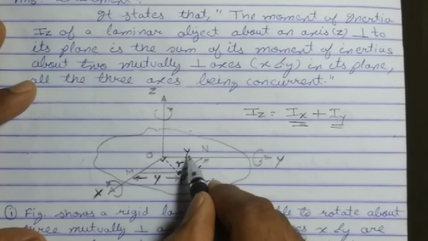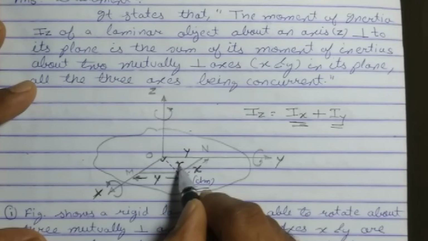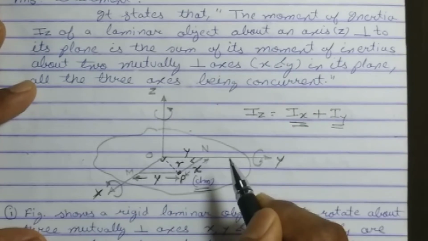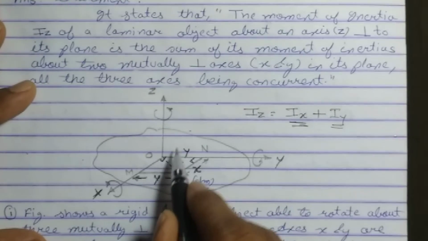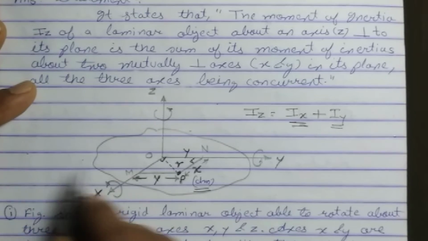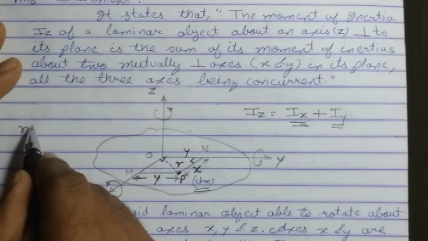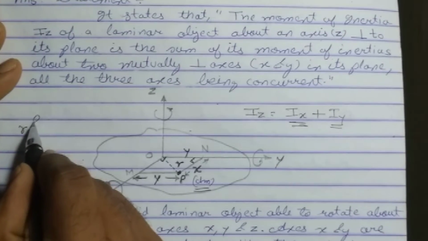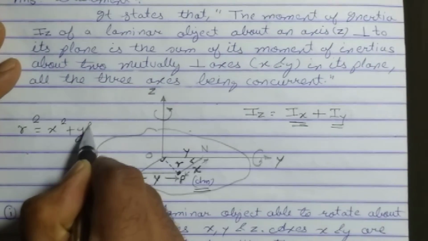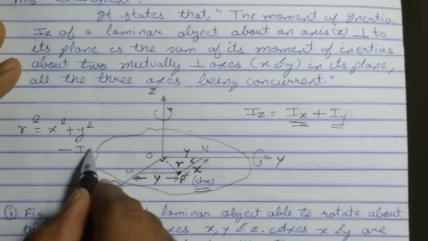Students, this is y, this is also y. Then we can observe here this particular angle is 90 degrees. We observe that in triangle OMP, OP is the hypotenuse. So according to the Pythagoras theorem, r square equals what, students? x square plus y square. Keep aside this particular concept.